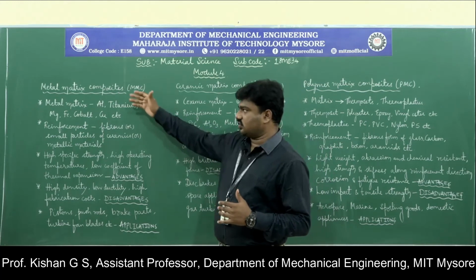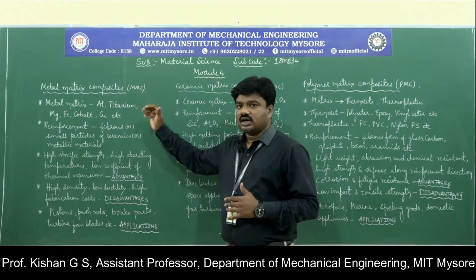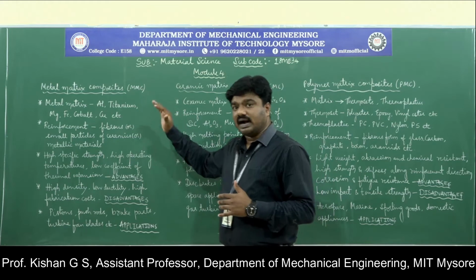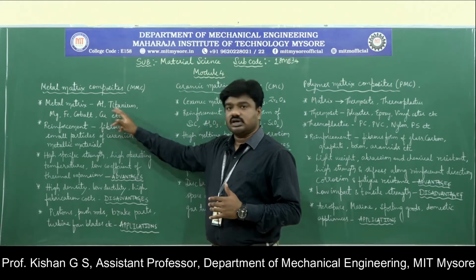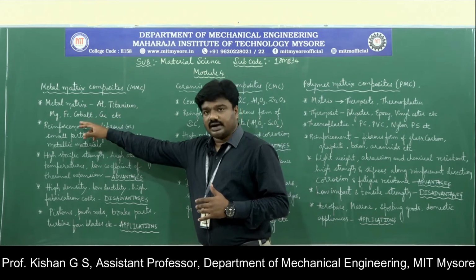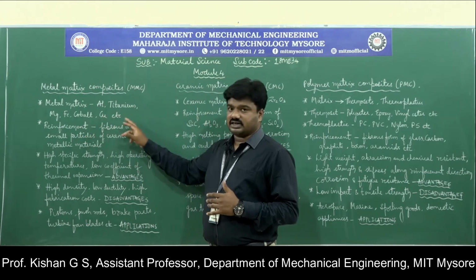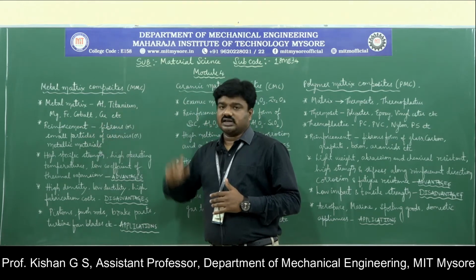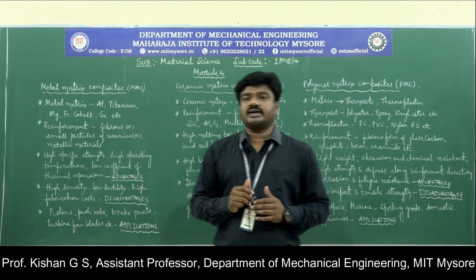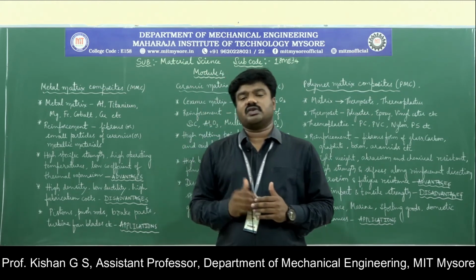We'll go like this. To understand the metal matrix composite, the generally preferred metal matrix materials are aluminum, titanium, magnesium, iron, cobalt, copper, etc.